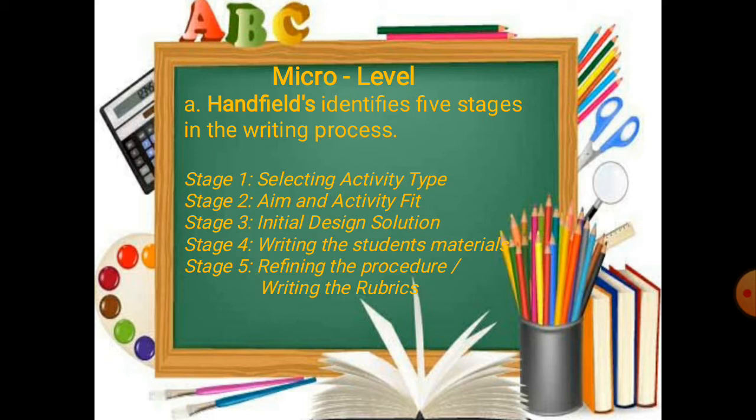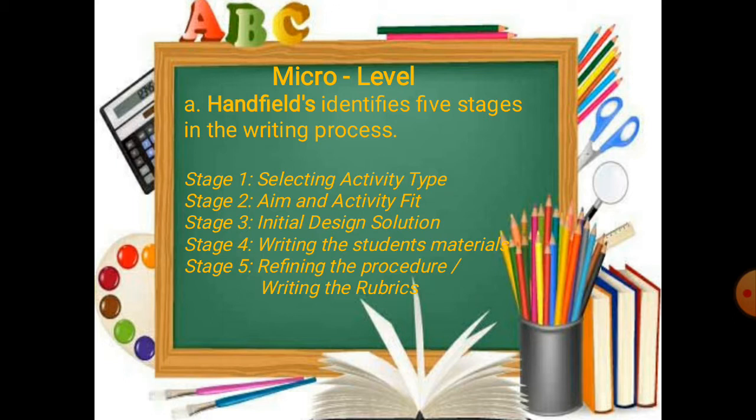So that's it. And now we step down to the micro level. According to Hansfield, he identifies the five stages in the writing process. First is selecting the activity type in stage 1. So you need to select your activity for your students. Stage 2 is aim and activity fit. So, what is your aim?